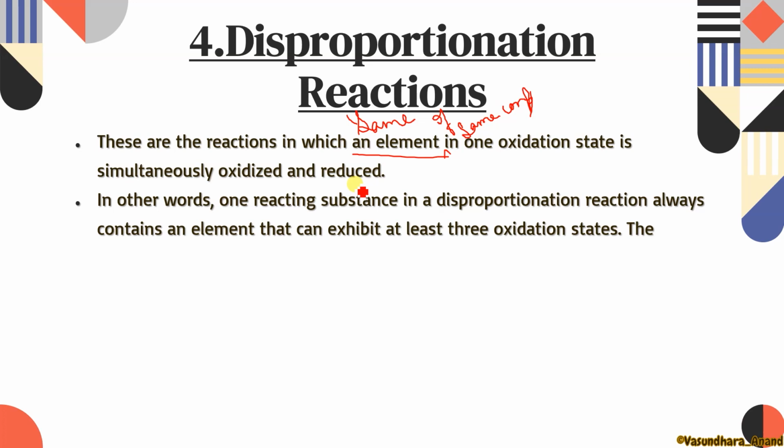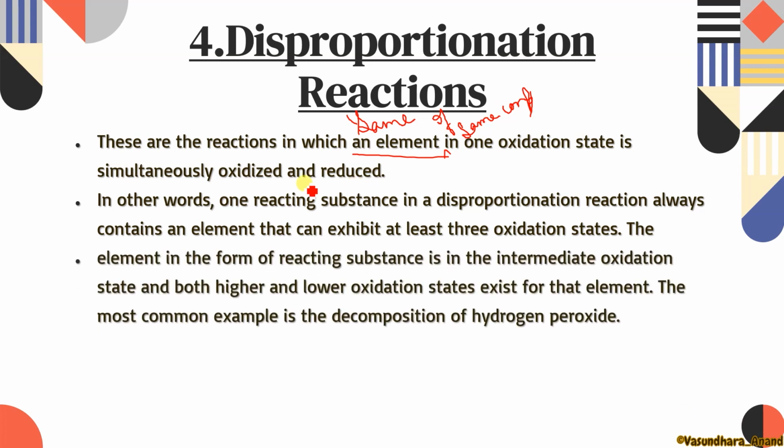Only then will it undergo disproportionation. Such reagents are called redox reagents. Both higher and lower oxidation states exist for that element, so the element should exist in the intermediate oxidation state.